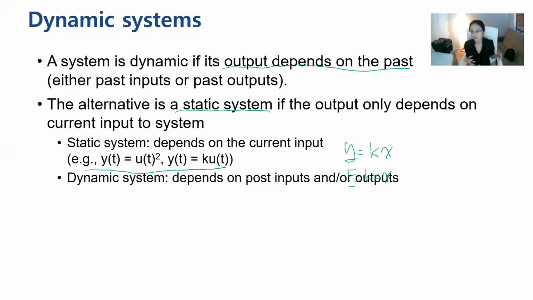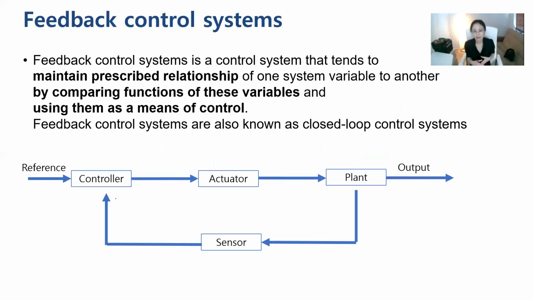A dynamic system depends on past inputs or outputs. So typically a dynamic system has dy over dt, which depends on the time history. So this is another definition of a dynamic system. And by designing a controller, we want to make the dynamic system behave the way we would like.